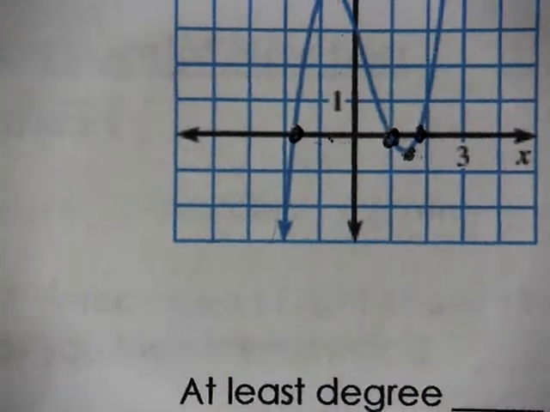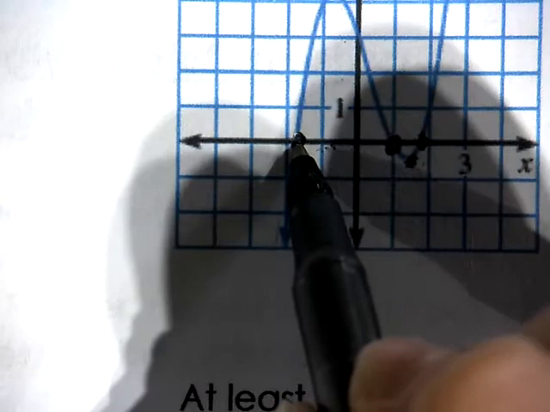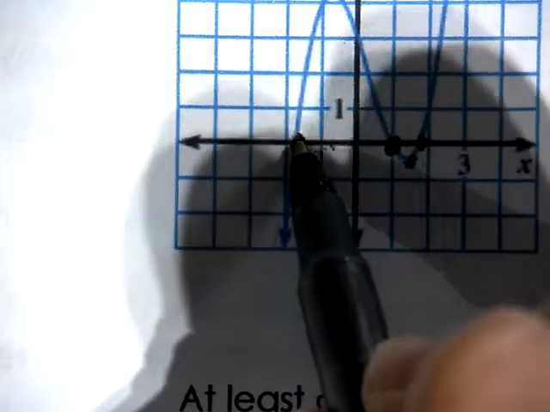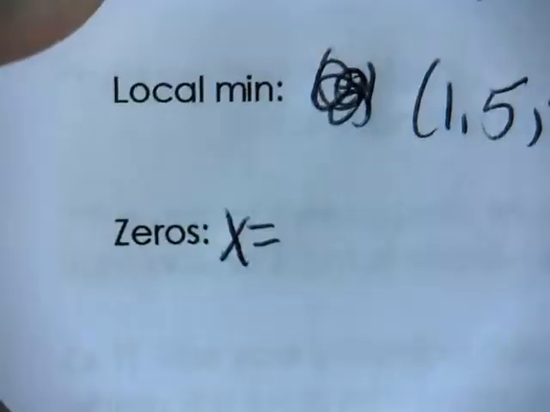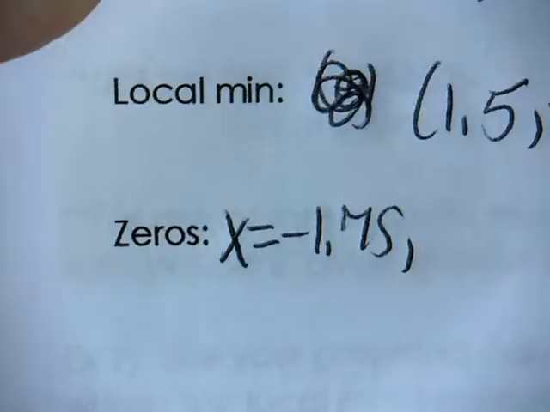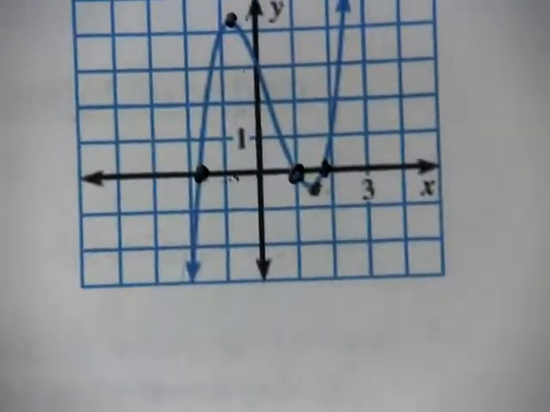Looking at this graph, it appears that this first zero is located at -1, and it's almost to -2, so I'm going to call it -1.75. Now, because this is a zero, I am not writing it as an ordered pair. I'm just going to write it as -1.75. There are other zeros that I'm going to be writing down, so let me analyze this again.